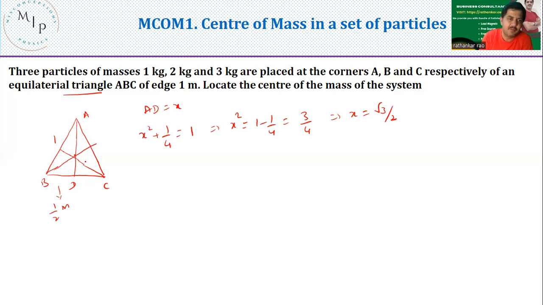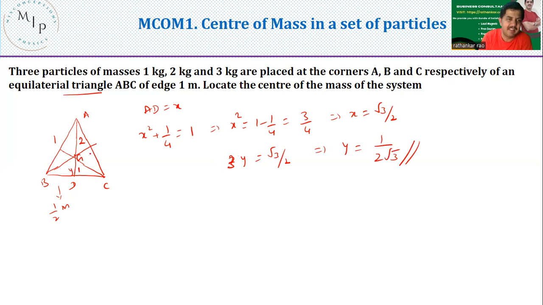If this is root 3 by 2, we know that the point G, the centroid, divides this median in the ratio 2:1. The distance GD should be 1 unit and the other part 2 units. Let this unit be y, so 2y plus y, that is 3y, equals root 3 by 2, or y equals 1 by 2 root 3.